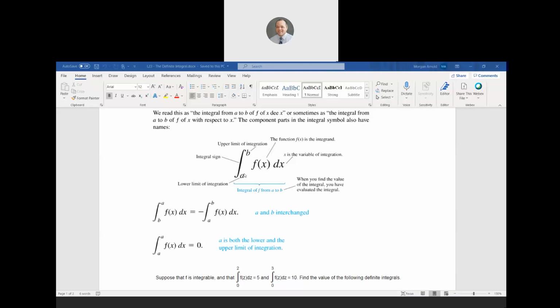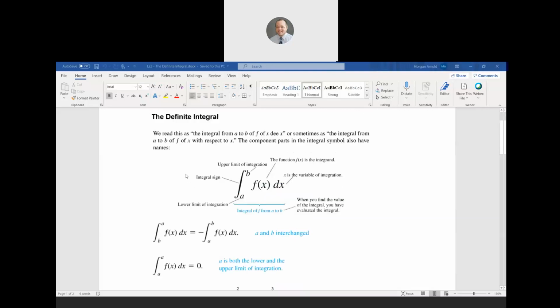If you're plugging in limits of integration, then this is known as a definite integral. If you are not plugging in limits of integration, that type of integral is indefinite.